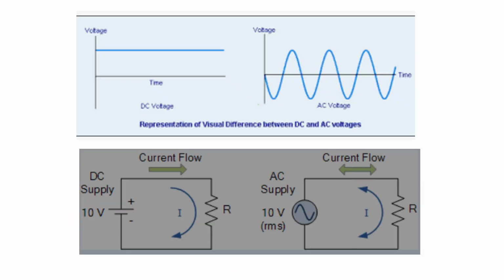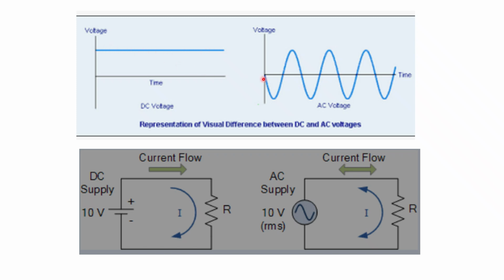Friends, electricity is generated in two different forms: DC, direct current, and AC, alternating current. In this time versus voltage graph, DC voltage is constant.